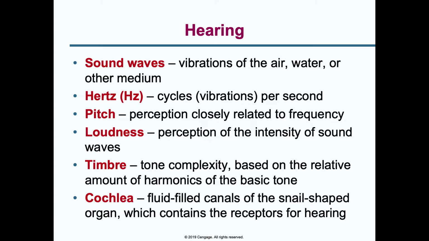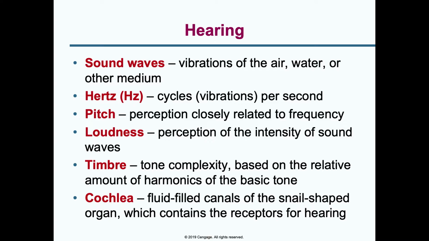And then we have the cochlea, is how you say that. These are fluid-filled canals, and we're going to show the diagram of the ear in a minute. They look like a snail, meaning they're kind of coiled up, and these areas contain the receptors for hearing, like we talked about rods and cones being the receptors of vision.